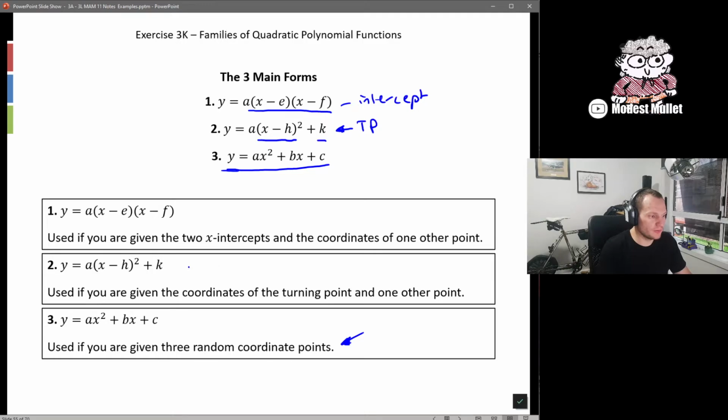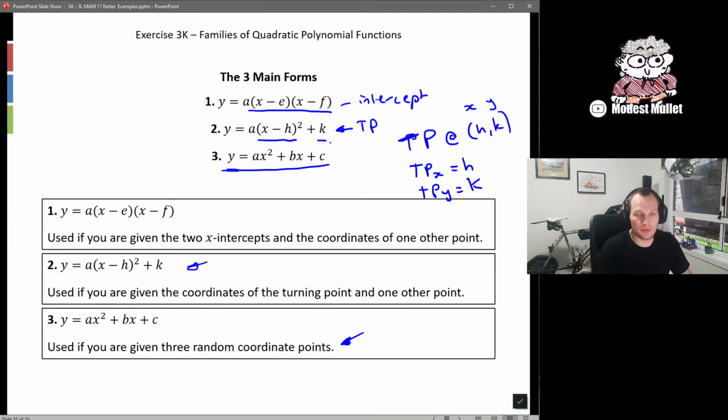This turning point form is called turning point form because the turning point of the quadratic, when written like this, is at h, k. That's its x value and that's its y value. Or using our TPx, TPy notation that we've had in class, we could say our turning point x coordinate is at h and our turning point y coordinate is at k.